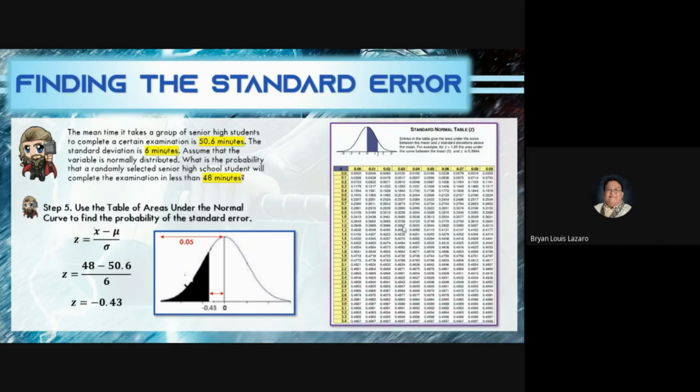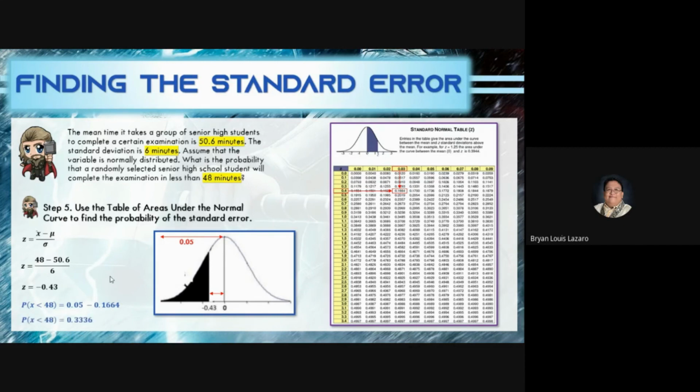Okay? Sa ating normal table, bibigyan niya tayo ng 0.43. So that is 0.4. And then we have the 0.03. And then hahanapin natin siya. There you go. It is 0.1664.